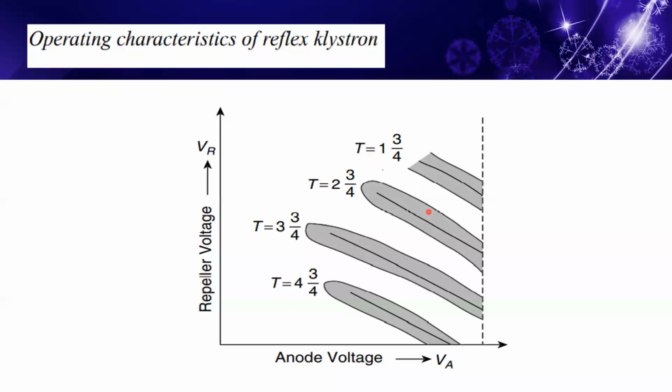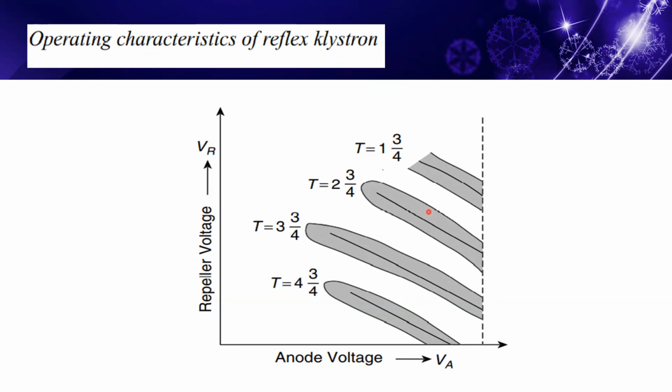These are called mode characteristics, or voltage characteristics, for the reflex klystron. This waveform is simply called operating characteristics, mode characteristics, or voltage characteristics.